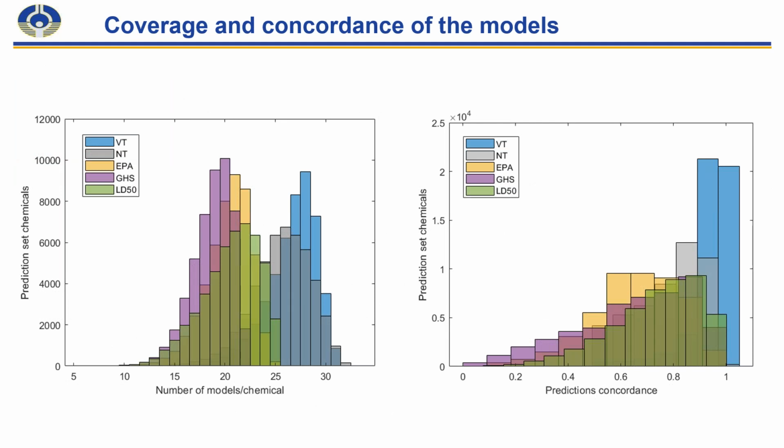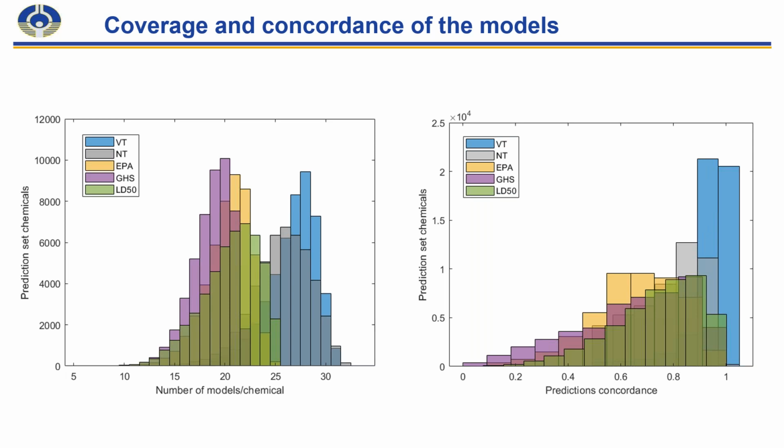So one really nice attribute of taking this global crowdsourcing type approach is that, as I mentioned, everybody has their own method that they like to go about building QSAR models, and along with those comes things like the applicability domain of the models. And so not every model is able to individually create a prediction for every single chemical.